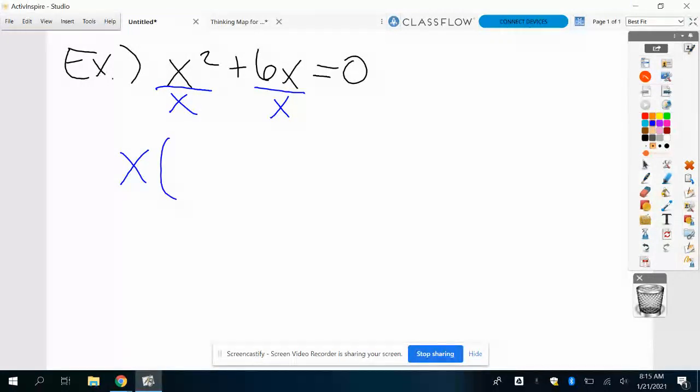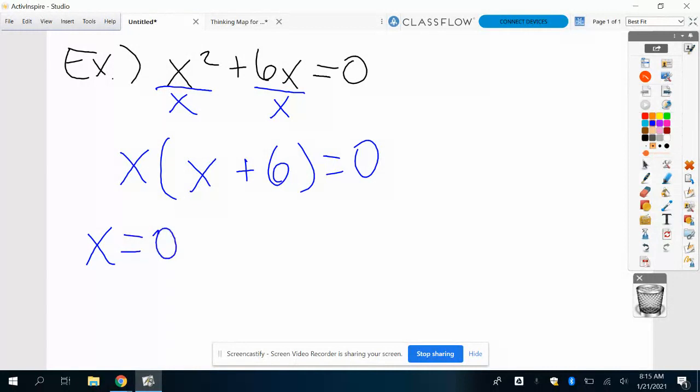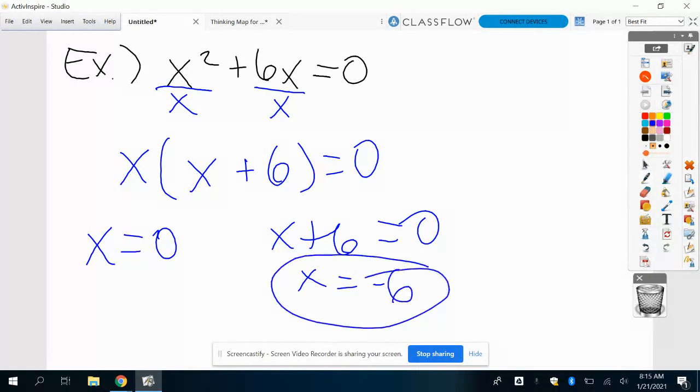Left hand side is x squared divided by x, which is x. 6x divided by x is 6, equals 0. Then we set both of these equal to 0. So here we're done. Here we have to subtract 6. So x is 0 and negative 6. So that's the second example where we used factoring out a GCF.